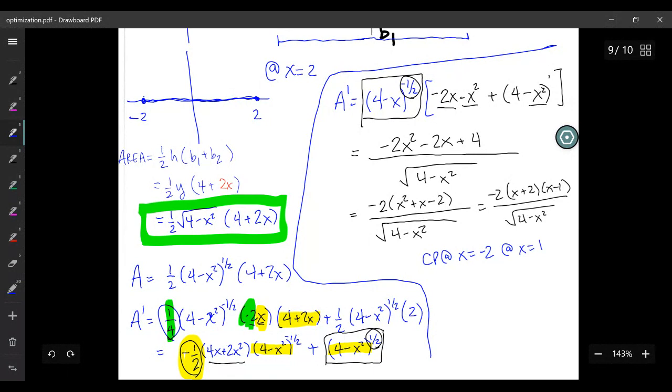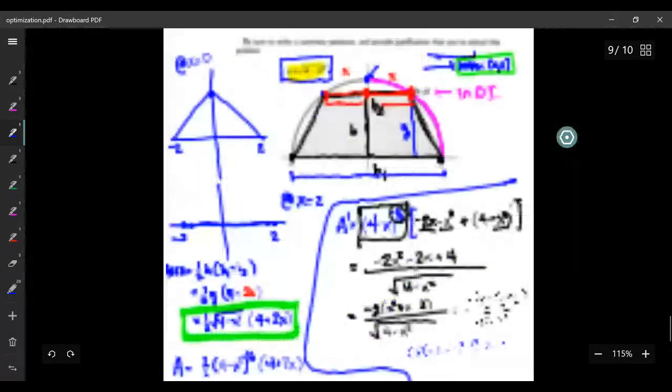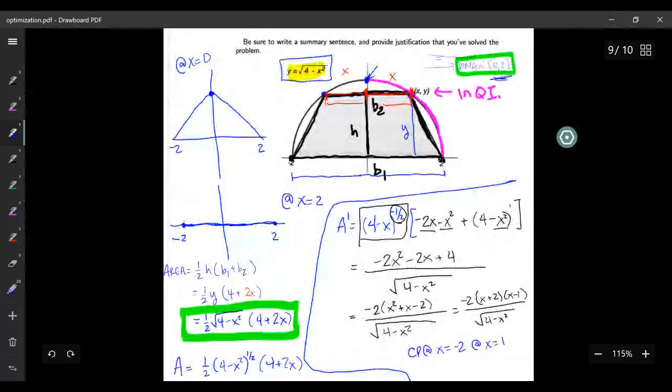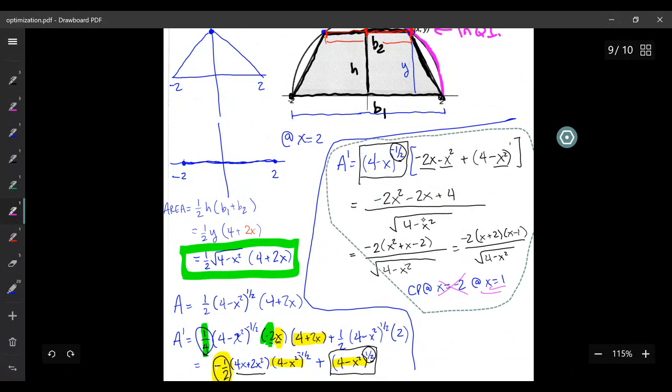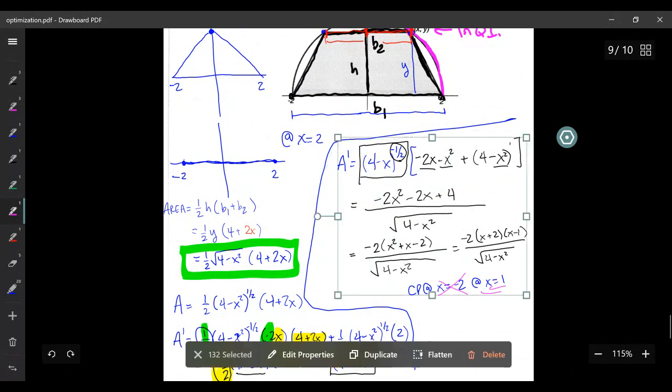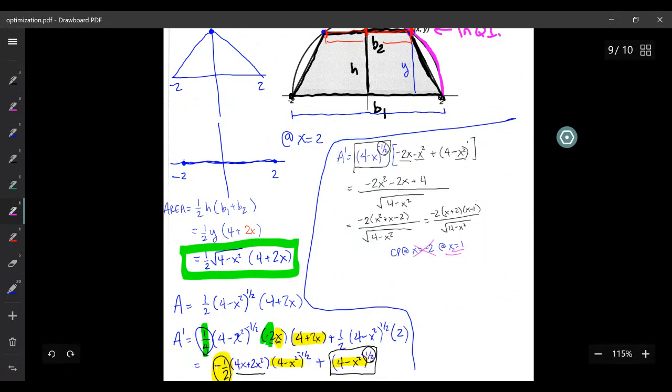And remember that my domain was from 0 to 2. So we don't use the -2. We're only going to use positive 1. This is the third thing I'm looking for, which is critical points.